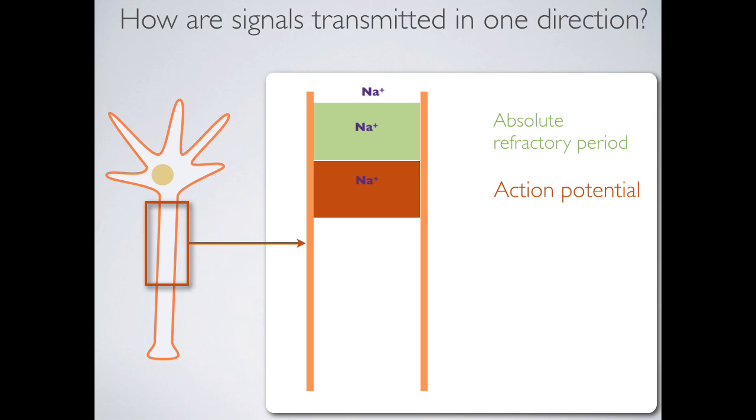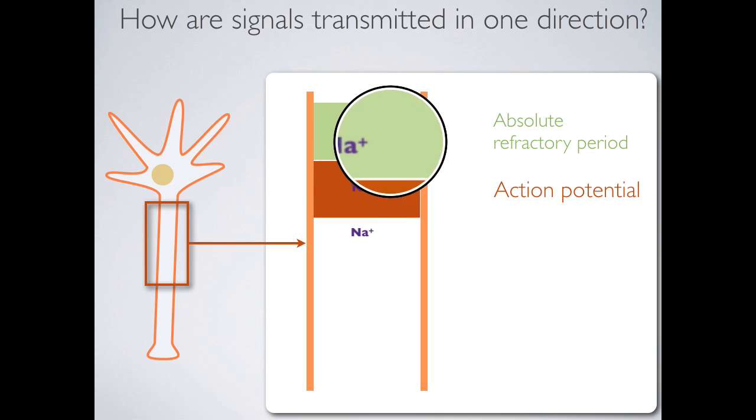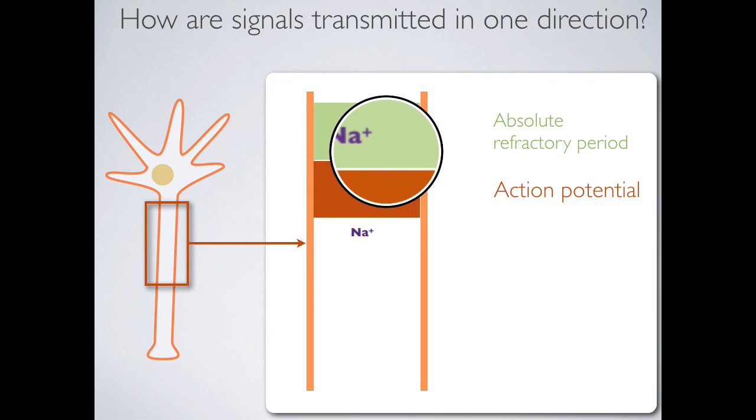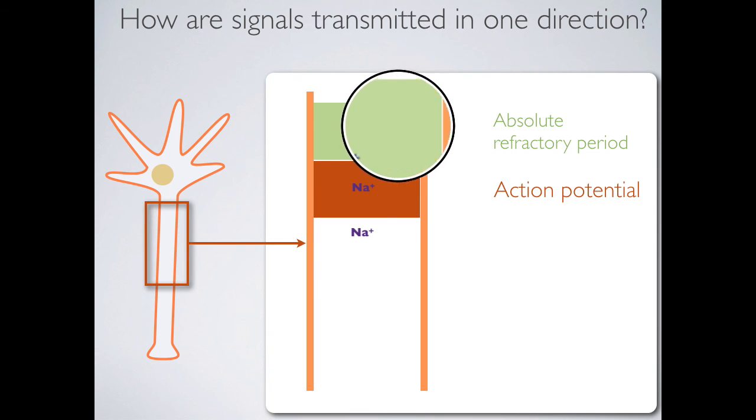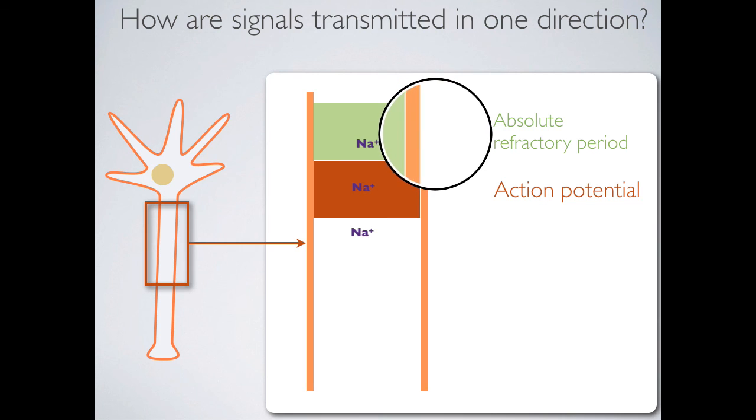Now what that means is that as sodium rushes into the cell in this new region that's being activated, the green region that is now going through the absolute refractory period is insensitive to this influx of sodium. It's not going to be activated again by the sodium that's entering the cell.